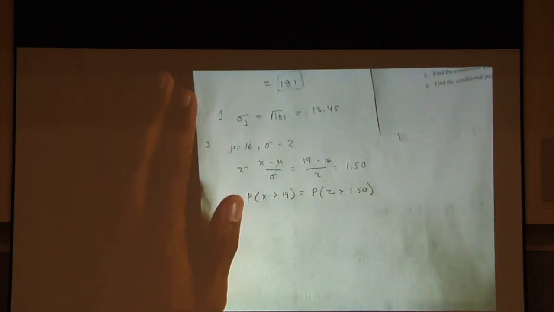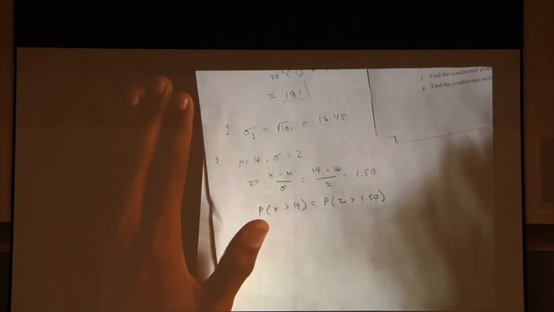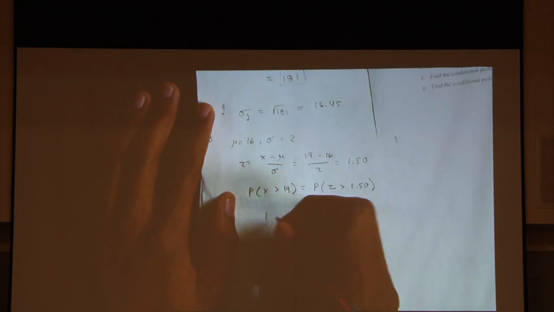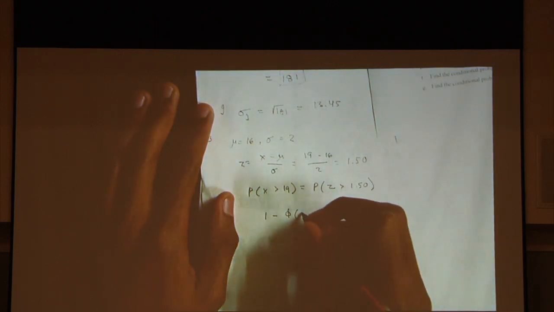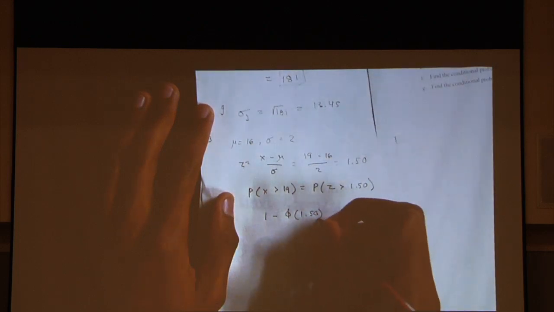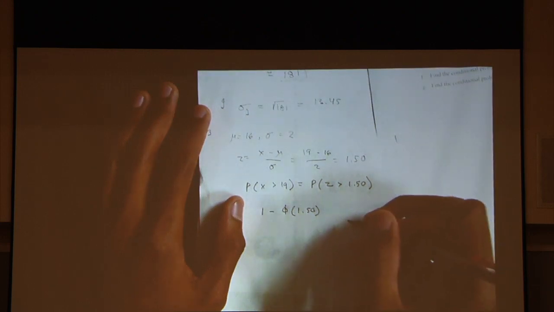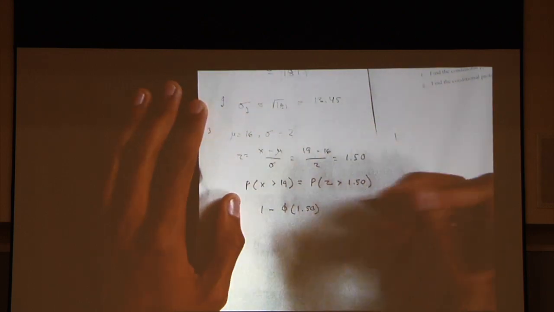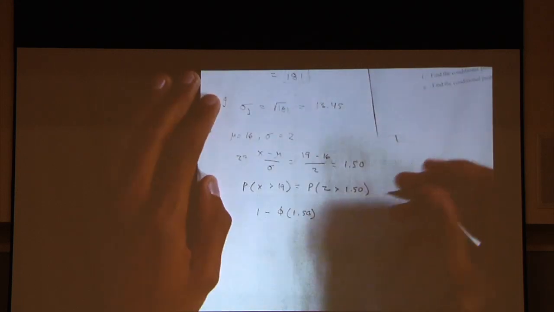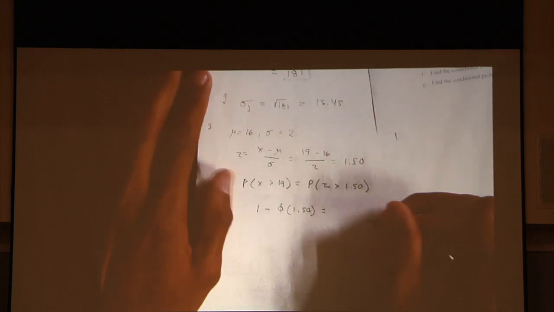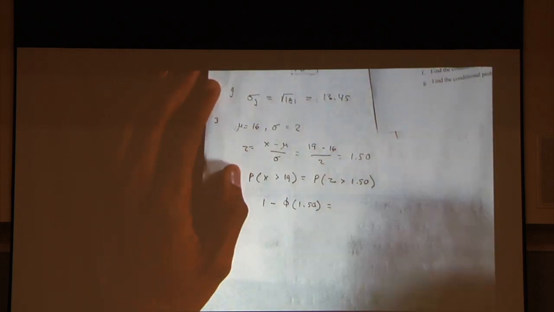We know that the z charts give you the area to the left. We want the area to the right. So it's going to be 1 minus whatever you find for that z value, which is, oh, I didn't write it down, and I don't have the z charts with me, but I calculated it beforehand. It's better for you guys to go back and see if you get the same answer, right?